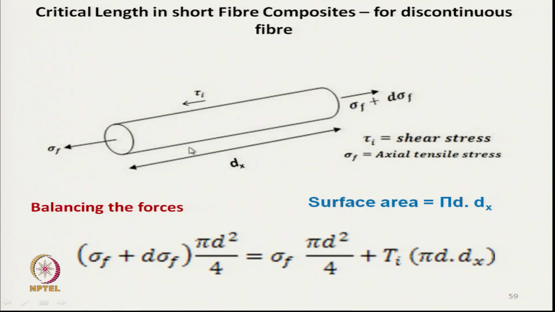So, when the fiber is stressed with sigma f and the small fiber length is dx, on the other side the stress will become sigma f plus d sigma f. So, that much increase is there.